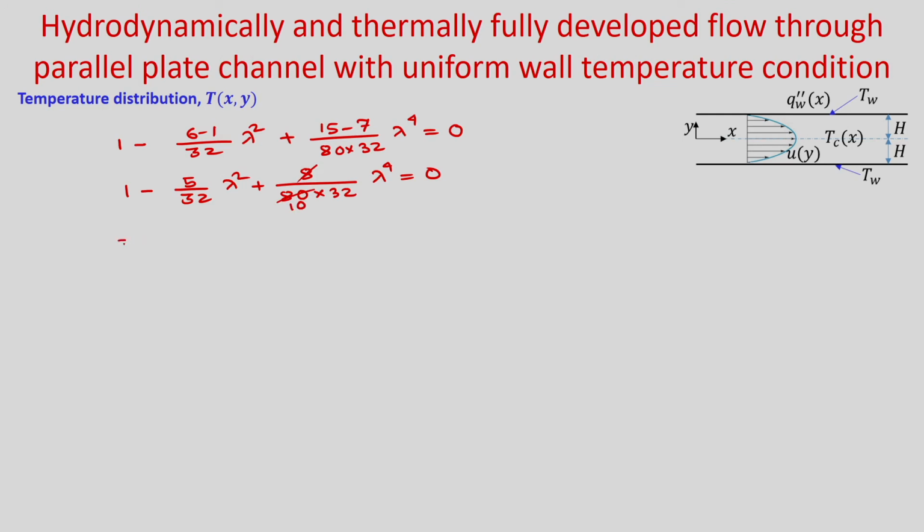So it will be 1 minus 5 by 32 lambda square plus 1 by 320 lambda to the power 4 is equal to 0. So you will get a quadratic equation: lambda to the power 4 minus 50 lambda square plus 320 is equal to 0.